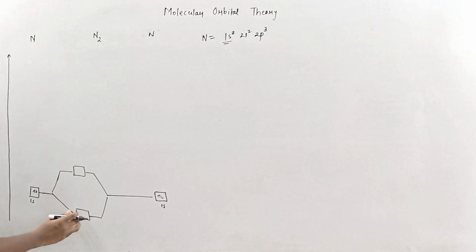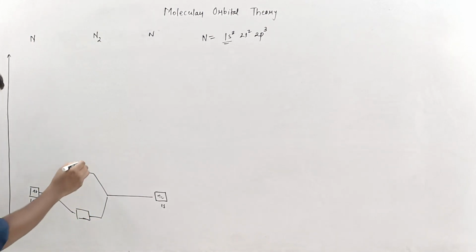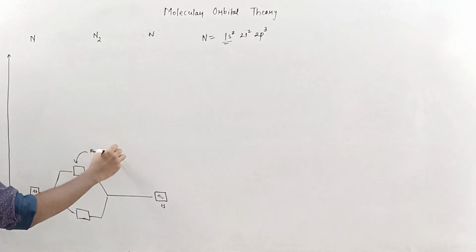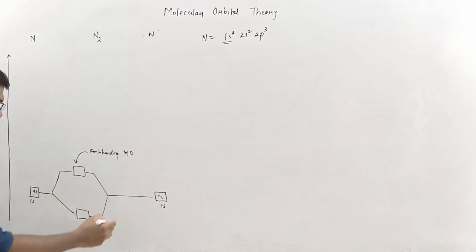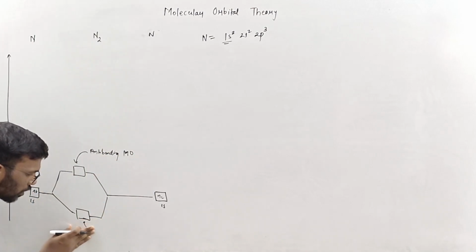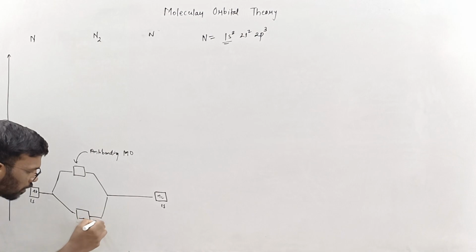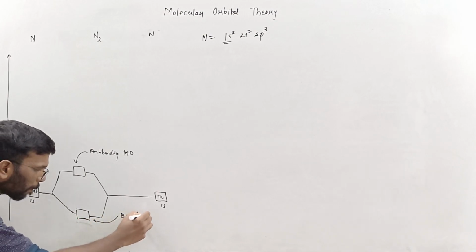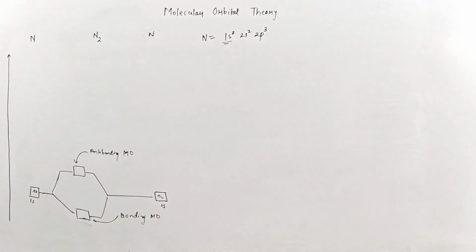So there are a total of 4 electrons here. This is called the anti-bonding molecular orbital, and this is the bonding molecular orbital. Hope this is also coming into the frame. Yes.